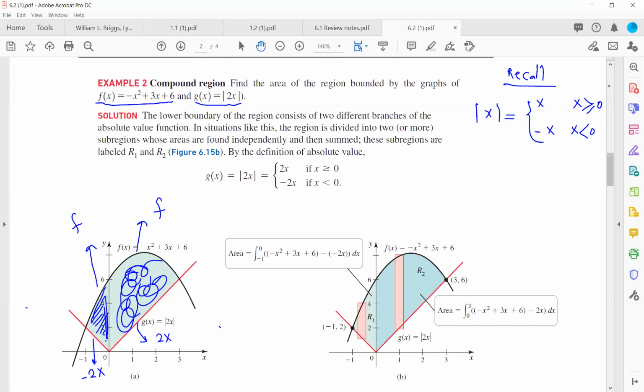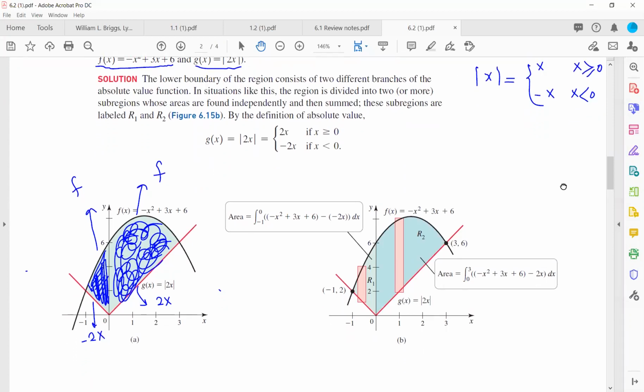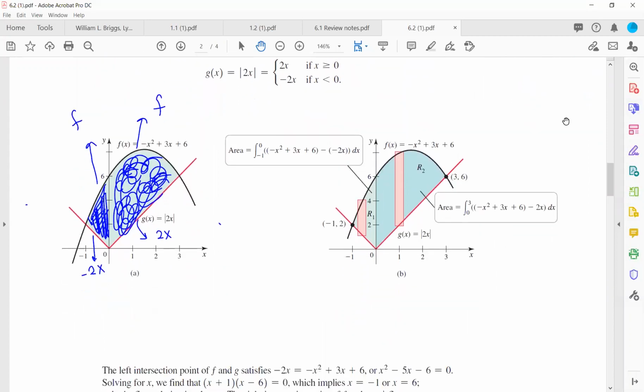We have to find the area on the left-hand side, find the area on the right-hand side, and add them together. So the area bounded between f and negative 2x, and the area bounded between f and positive 2x. For each of them, we have to find a and b, find the integral, and add them together.